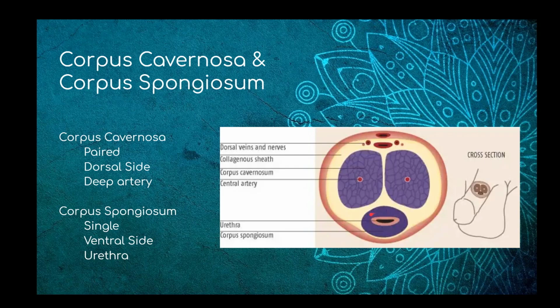The spongiosum is down on the bottom, and the urethra runs through the middle of that one. So remember that the cavernosa are paired, home to the deep artery or the central artery. There's only one spongiosum, and it's home to the urethra. This picture right here is probably a good one to memorize.